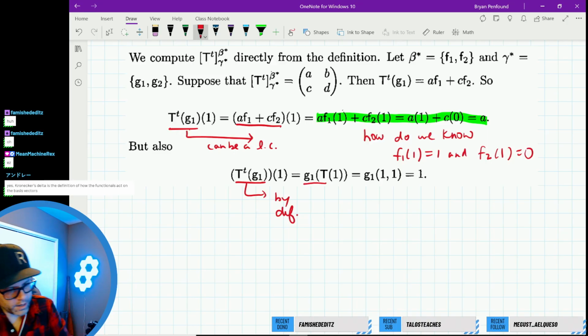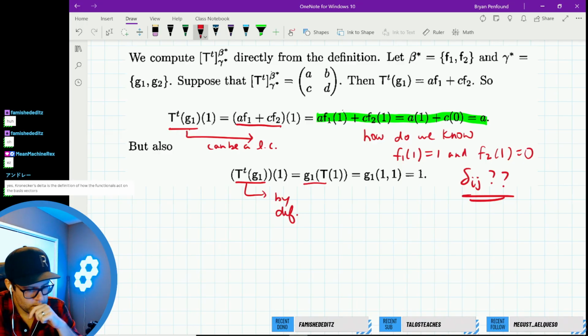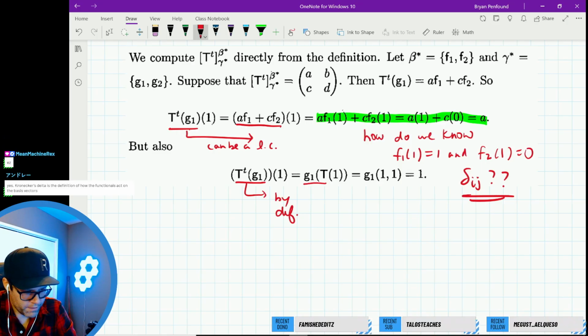Okay, so I think this is Kronecker delta. Maybe somebody can shed some clarity on that. Okay, so then they're going to try to evaluate this in a different way by the definition. So the definition says T transpose G1 is G1 of T, evaluated at 1.